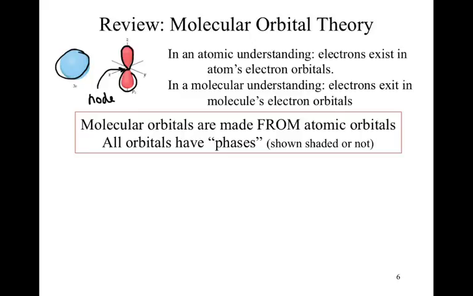That node is where our electrons cannot exist. So as we pass from our A node to our B node, the phase must change. So when we're looking at our molecular orbitals, one of those needs to be shaded, one of them is unshaded. Okay? So we always have these phases popping in.